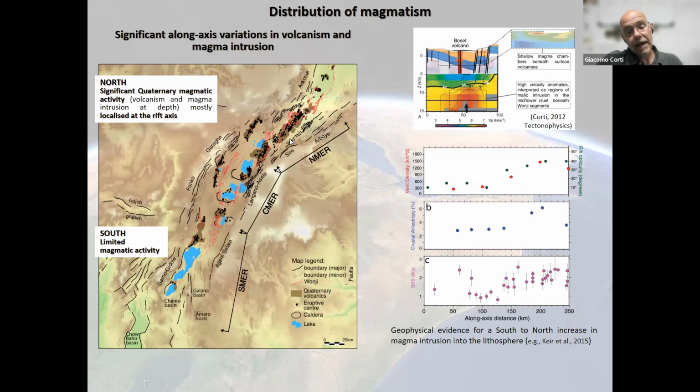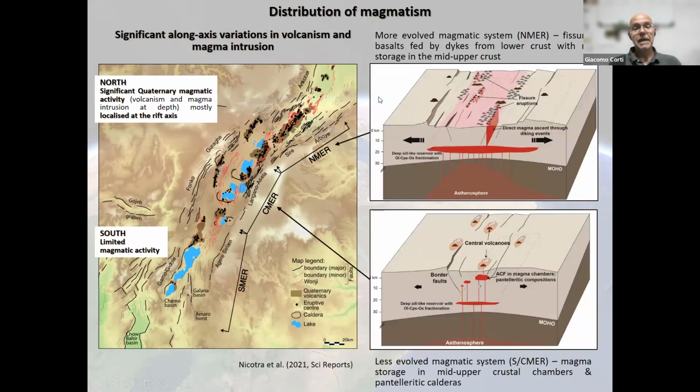So we have a clear association of axial faults, surface alignment of volcanic vents, and magma intrusion at depth. And also we have significant geophysical evidence for an increase in magma intrusion passing from the southern part to the northern part.